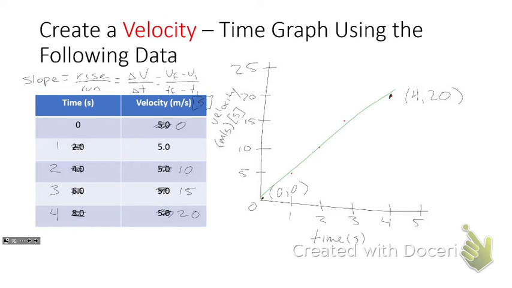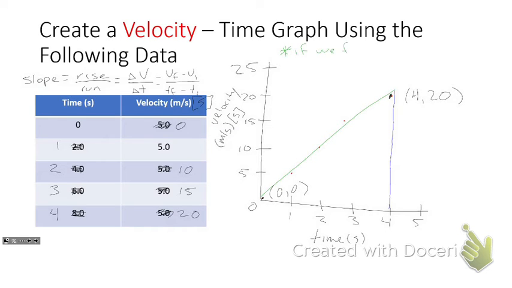One other thing that you guys can do with the velocity time graph: if you find the total area underneath the curve, it will tell us the total displacement of the object in this time. So let's write that down as well.